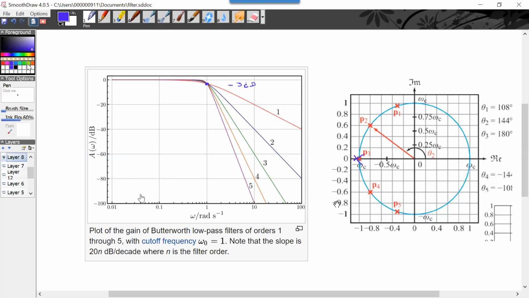So for first order, let me pick something a little more colorful. Okay, you put a pole here, right? Well, that's just a first order low pass filter. So a Butterworth filter where n equals 1 is just a regular filter, although you could call it a Butterworth and try to be fancy, right?